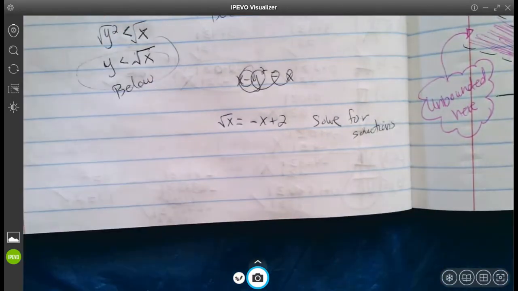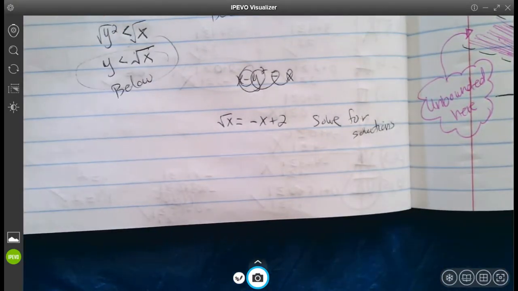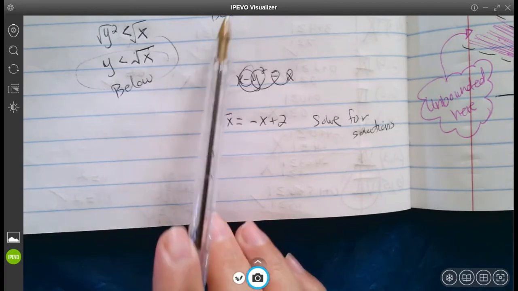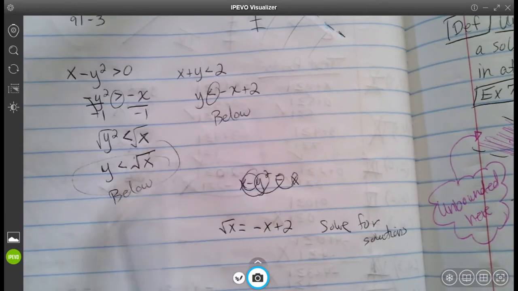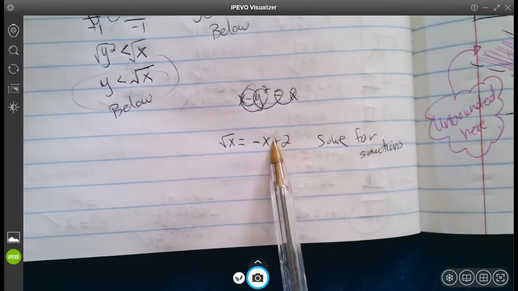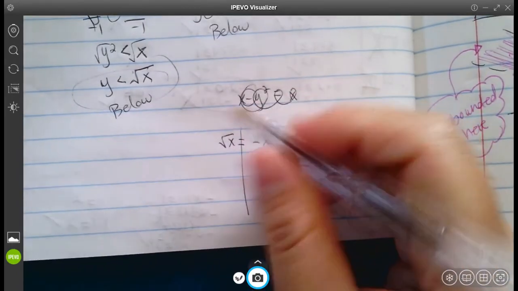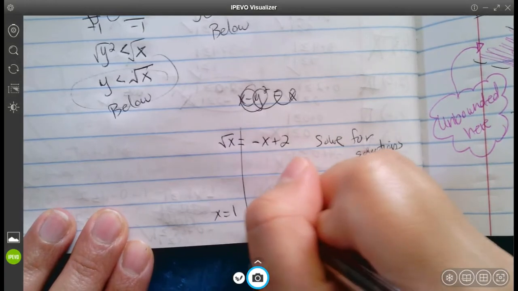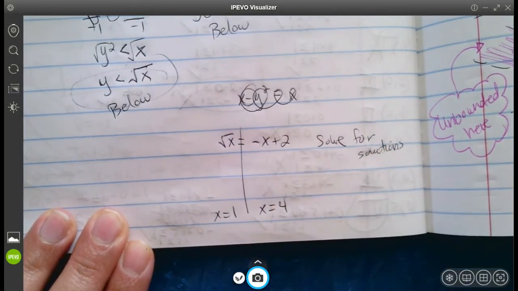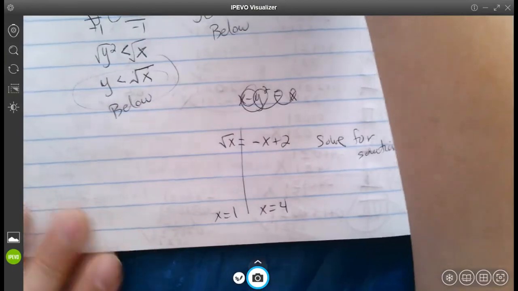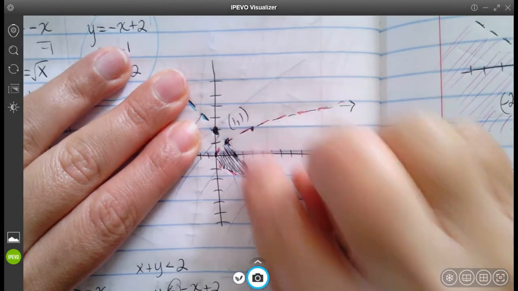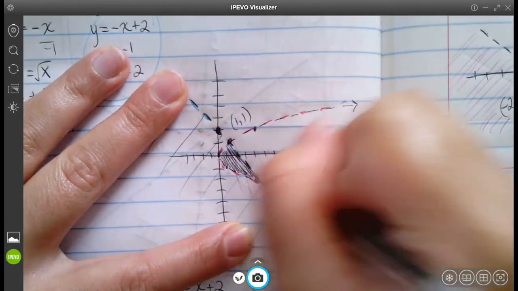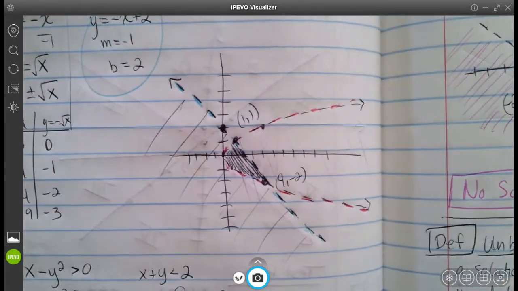Remember that the intersection points are where the two graphs intersect. So we set them both equal to the same variable, y, and then set them equal to each other and solve. You would end up with x equals 1 and x equals 4, which happen to be the intersection points up here at 1 comma 1, so x equals 1, and 4 comma negative 2, x equals 4.